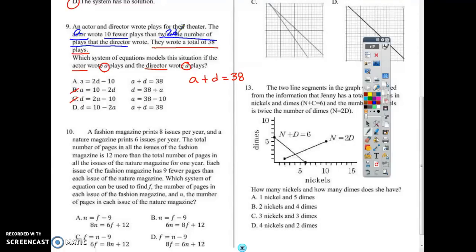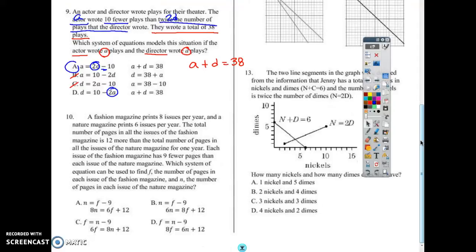D has to have the 2 because it's twice the director. So if you look at your answer choices, one says 2D and one says 2A. Alright? And it says 10 fewer, that means you're subtracting from 2D. That's why it's minus 10, not 10 minus. Okay? So make sure you think about that on Thursday when you're doing this.